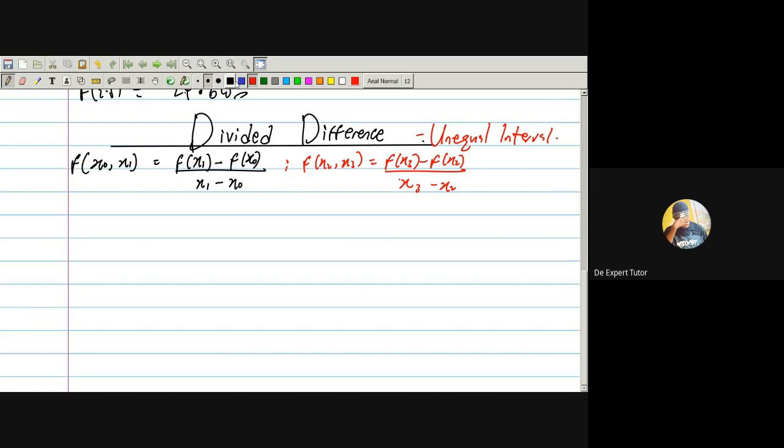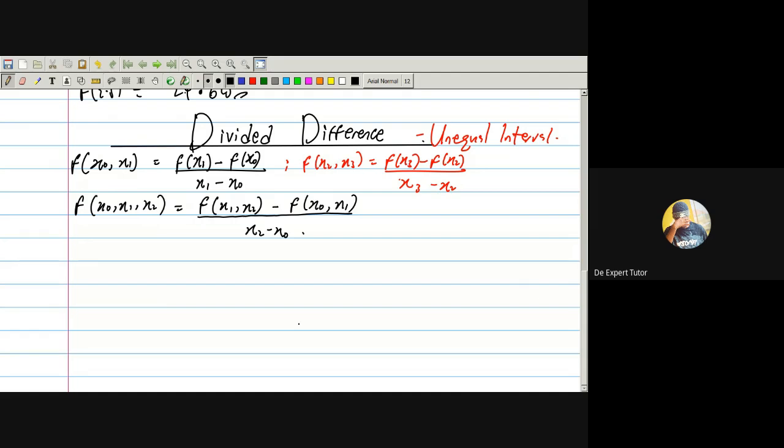What if I ask you to tell me the divided difference of x0, x1, x2? What would this one give me? Pay attention. It will be like this: f of x1, x2 minus f of x0, x1, then divided by x2 minus x0.